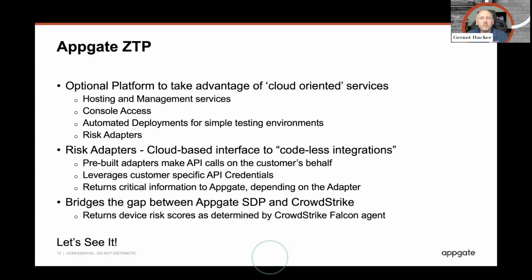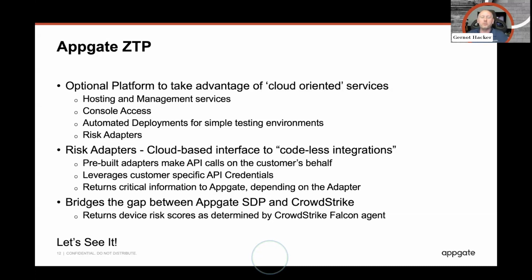ZTP, the idea there is giving a platform where you connect your what we call collective. It's an Appgate installation, right? And the first layer of that is that you attach your Appgate controllers to the platform. So they give a heartbeat and a health status and a convenience look, but more prominently, what we previously did and still can do is to attach to different systems based on figuring out how the API works.